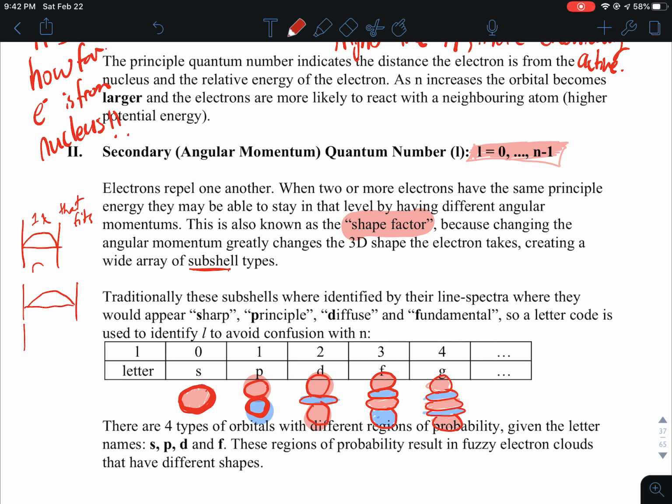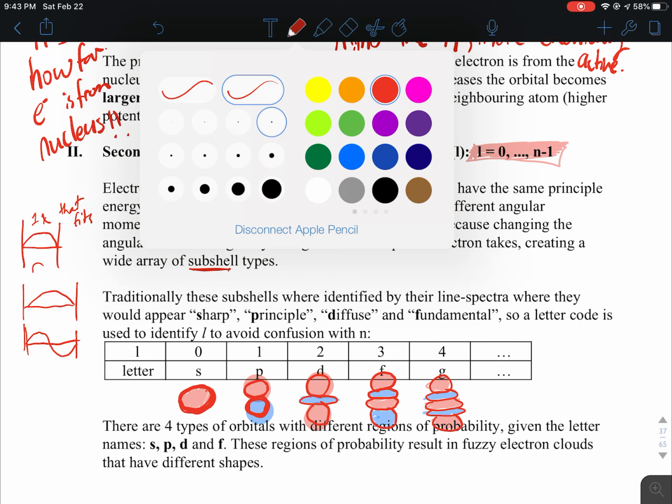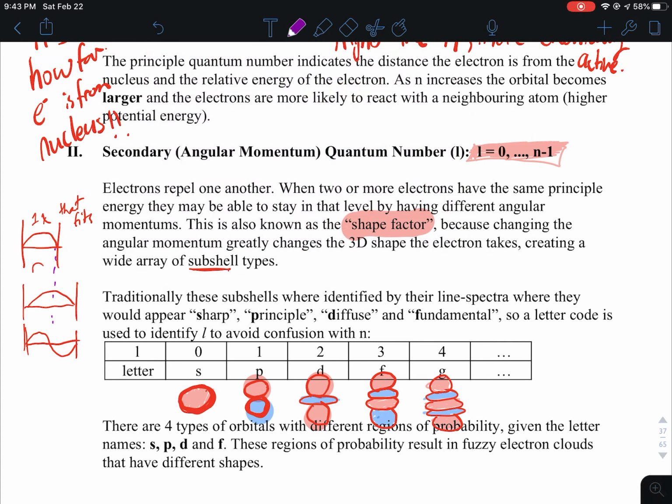This might be an allowed solution, but now that it's a little bit bigger, bigger than the minimum distance, the electron might be able to flip in on itself. So what I'm trying to connect here is something like that. This is half the wavelength of the previous one, but it has the same energy.